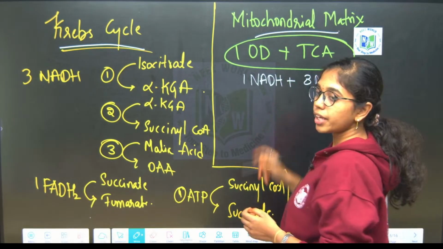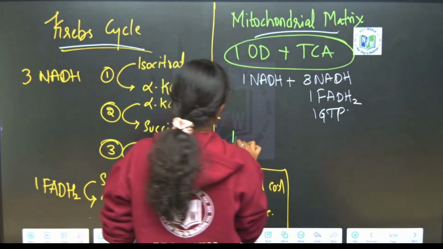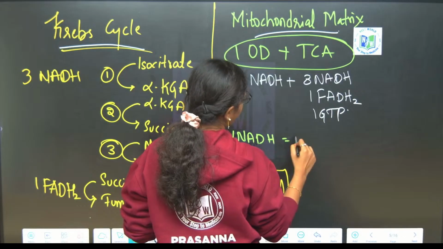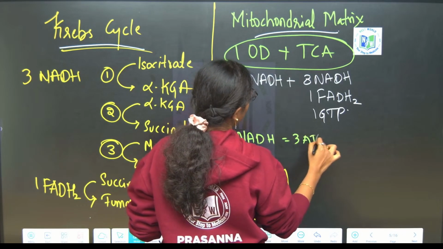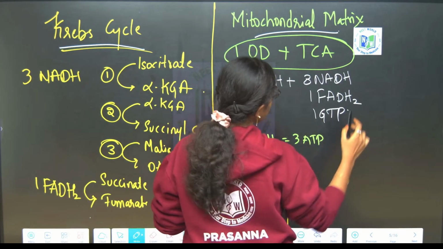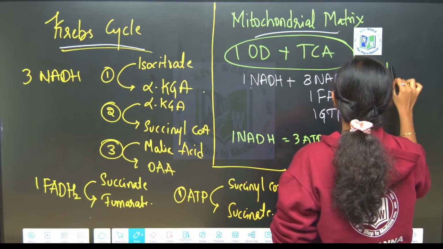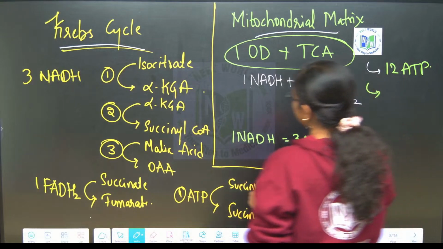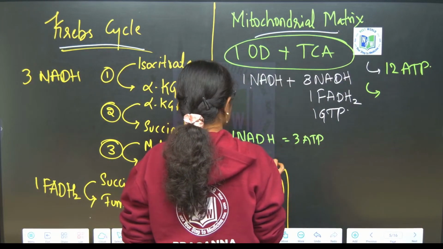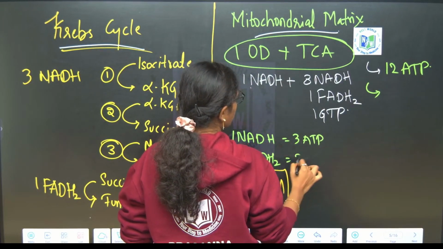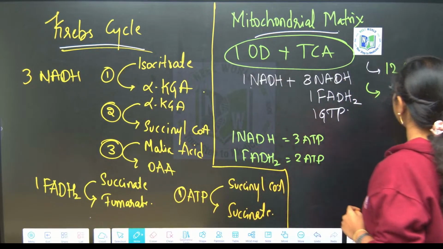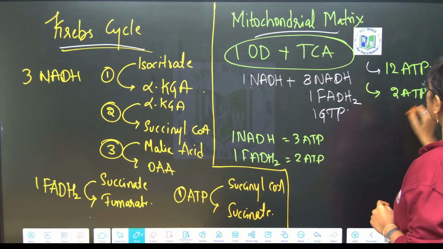Convert everything into ATP. 1 NADH is equal to 3 ATP. So, total here 4 NADH are there. How much ATP? 12 ATP. And 1 FADH2 is equal to? 2 ATP. Yes, 1 FADH2 is equal to 2 ATP. 1 GTP is 1 ATP.